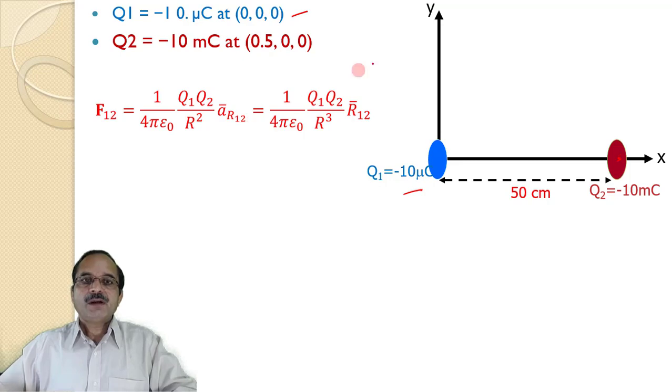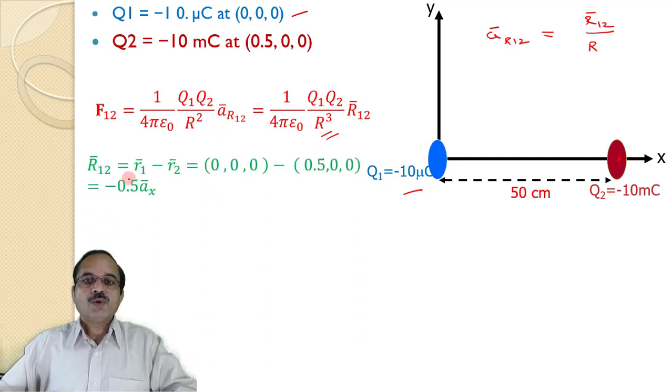Now this unit vector ar12 is nothing but vector r12 divided by the magnitude of vector r12. So if the magnitude of vector r12 is r, substituting it here gives me r cube.